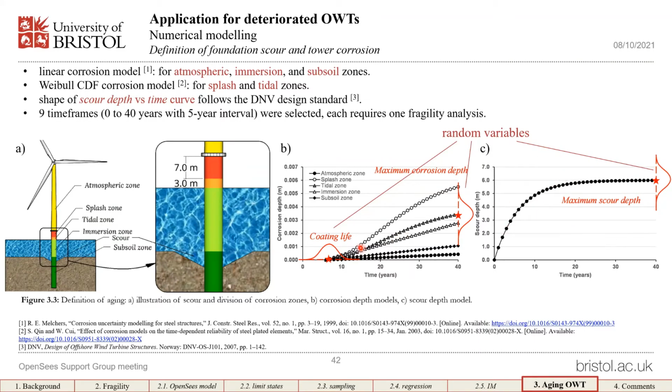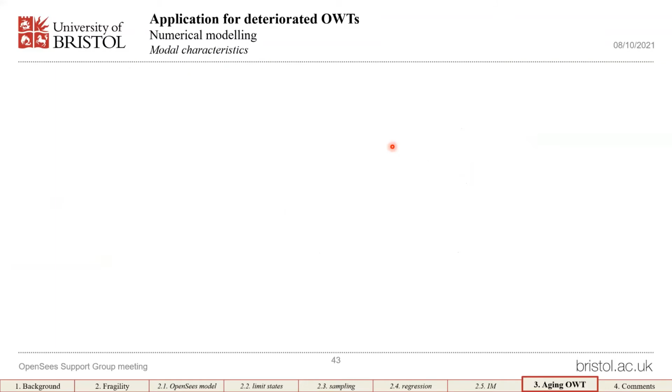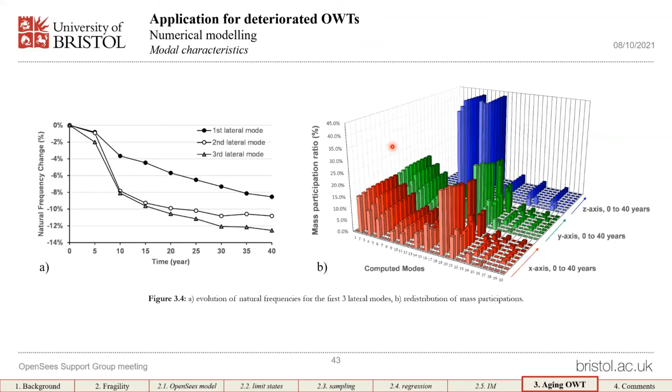Given these curves, the wind turbine was defined at 9 different time frames, ranging from 0 to 40 years with a 5-year interval. For model characteristics, the evolution of natural frequencies and the evolution of mass participation factors for this wind turbine from 0 to 40 years is presented in these figures.